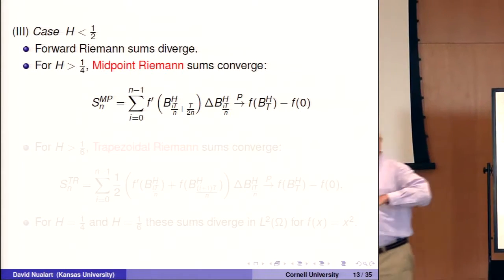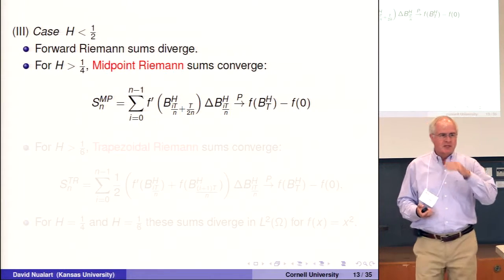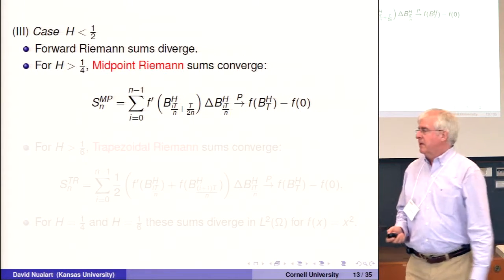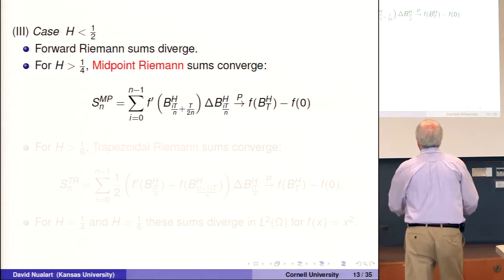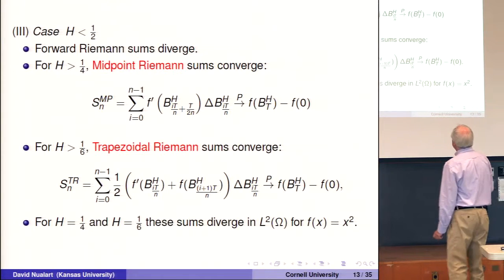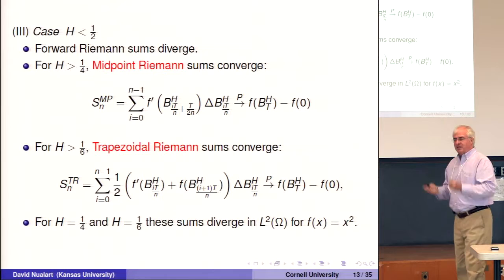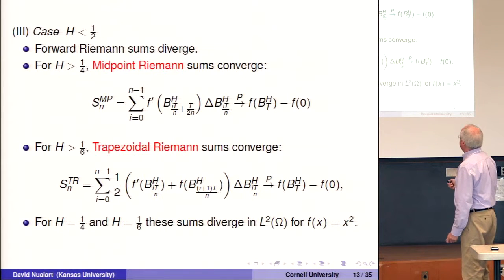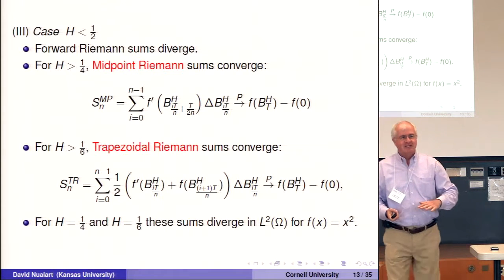So you can go down to 1/4, and then have these midpoint Riemann sums converge. And then, on the other hand, if you take another symmetric integral, which is well known, the trapezoidal Riemann sum, where instead of the middle point, you take the average between the two points, then you get the same result, but you can go down further to 1/6.